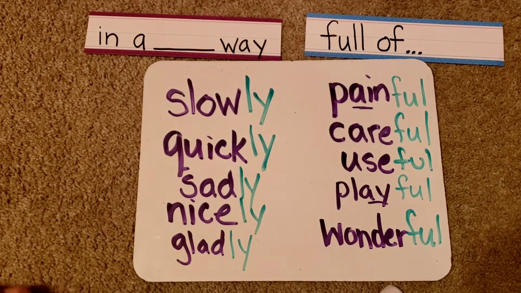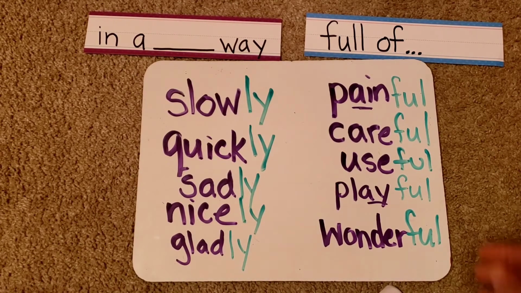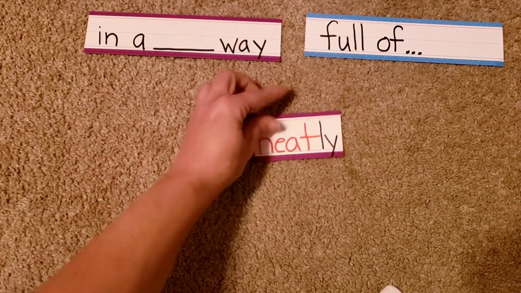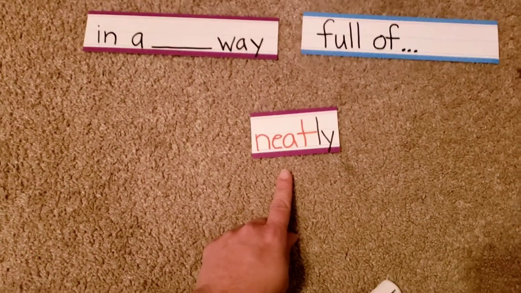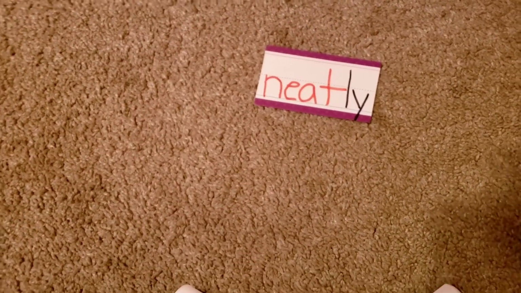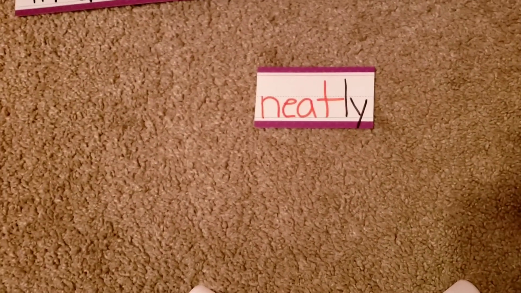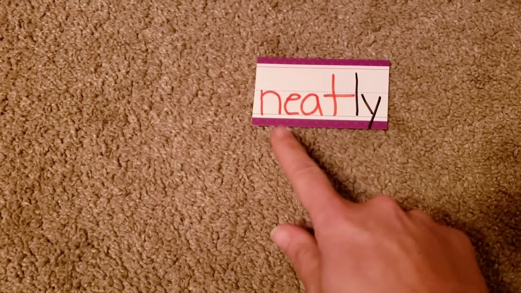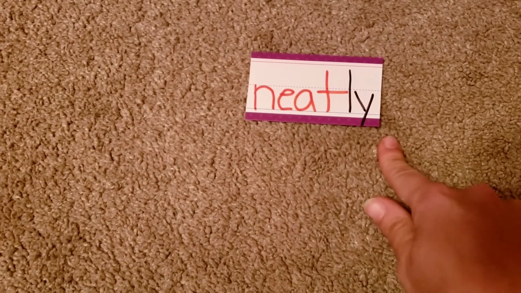So I just want to put my covers on my marker because I want to do a little bit more reading practice with you. Okay? Let's try to read this word. What is this word? Let's echo read them. Neatly. Neatly.